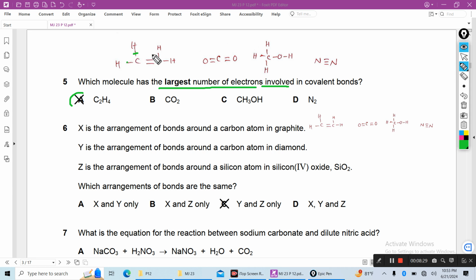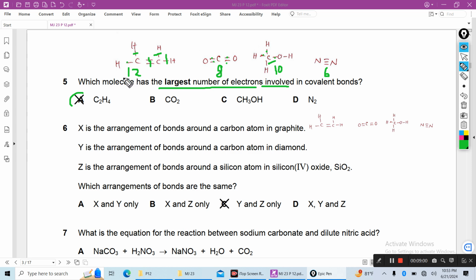Count 1, 2, 3, 4, 5, 6 bonds, that means 12 electrons are involved. Here 1, 2, 3, 4 bonds, 8 electrons. Here 1, 2, 3, 4, 5 bonds, 10 electrons. Every bond has 2 electrons. So nitrogen's triple bond has 6 electrons.